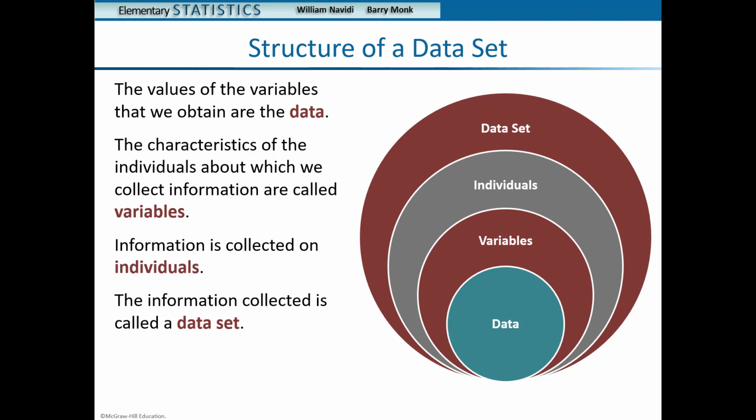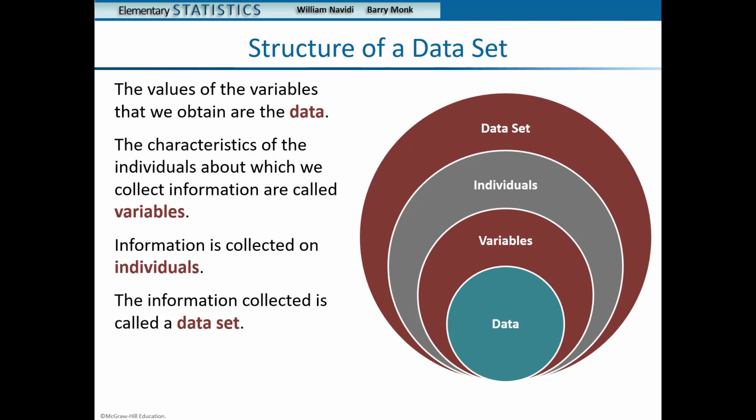So, like we said, we detailed the process of sampling in the previous section, right? So once we go through the sampling process, then we have to basically finalize our data set from the information that we collect from that sample.